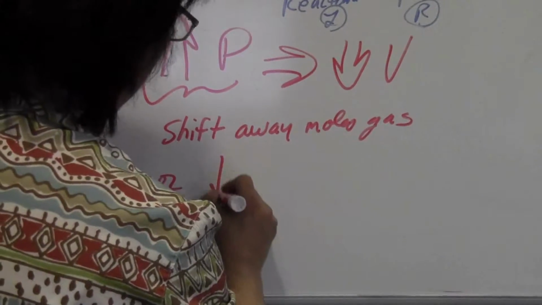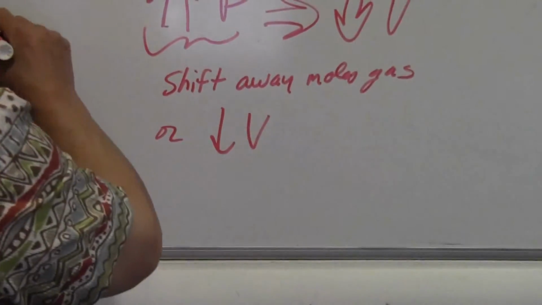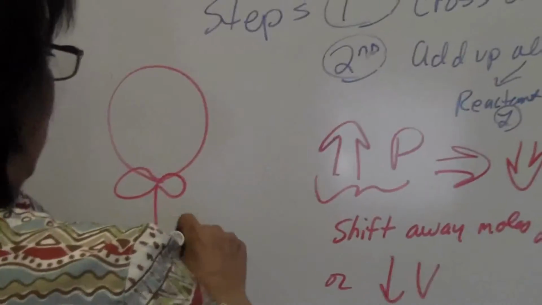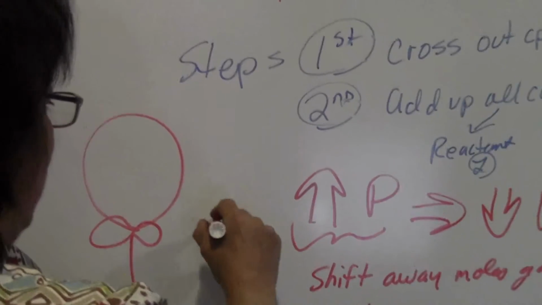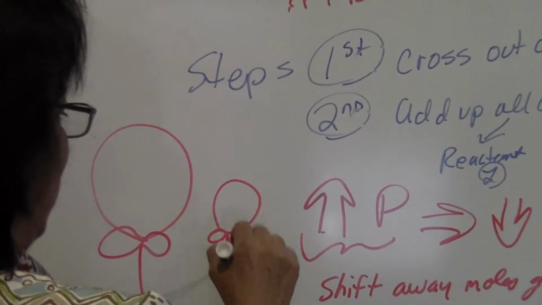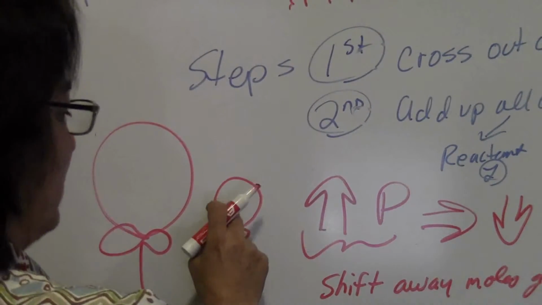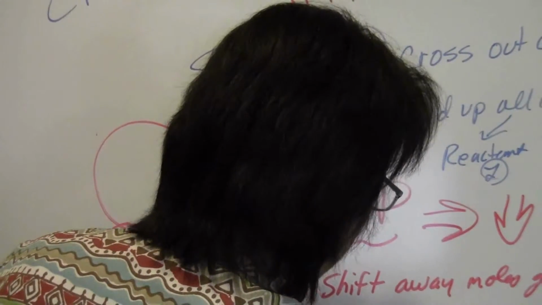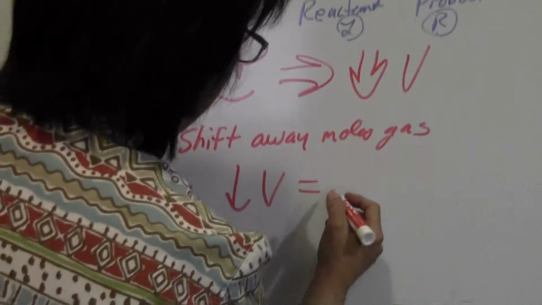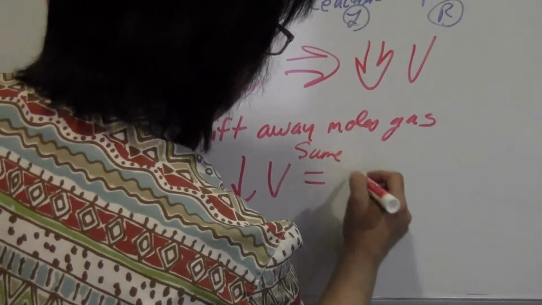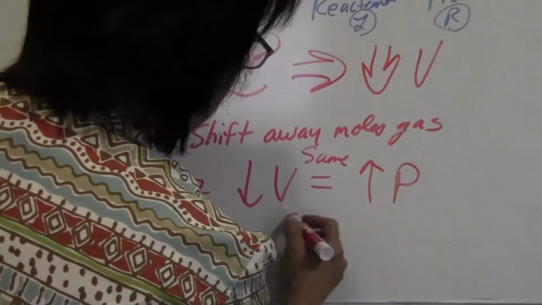Or if I decrease the volume, if I put the same amount of gas in a smaller volume, isn't that same amount of gas going to be exerting more pressure? The pressure is also going to go up. So you have to remember, if you decrease the volume, it's the same thing as increasing the pressure.